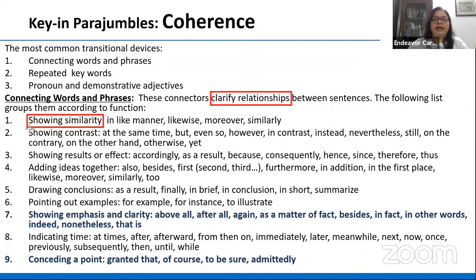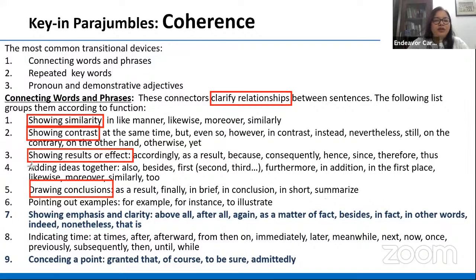Connecting words that show contrast: but, however, in contrast, nevertheless, on the other hand, yet. Showing results or effect: accordingly, as a result, because, consequently. Pretty similar to drawing conclusions: as a result, finally, in brief, in conclusion, in short, summarize.